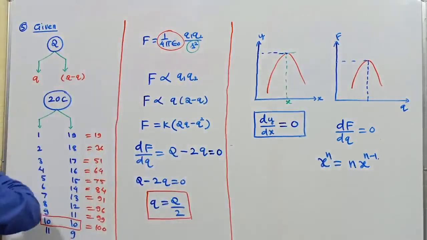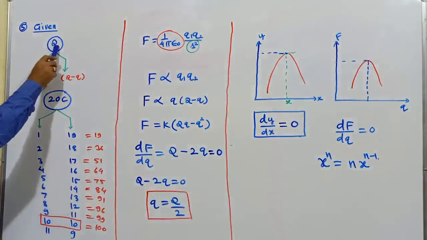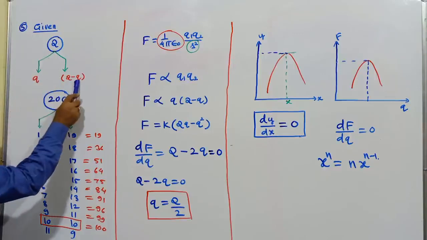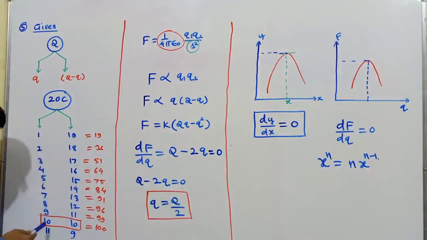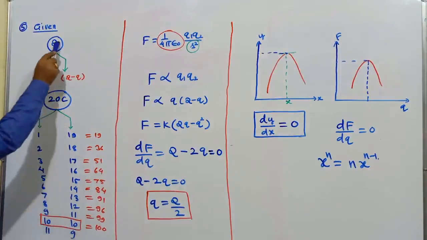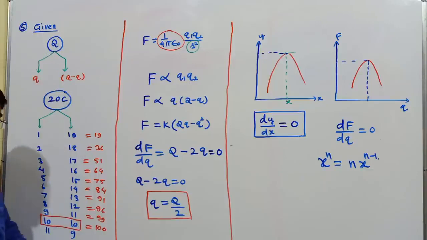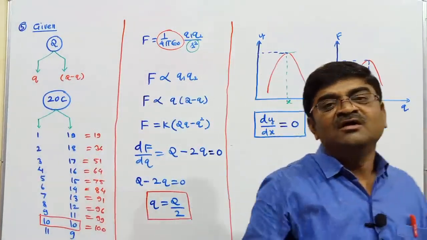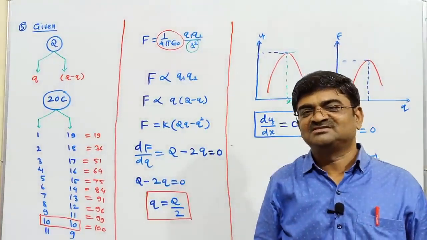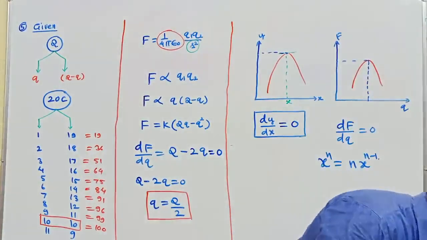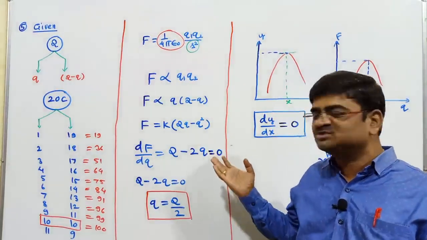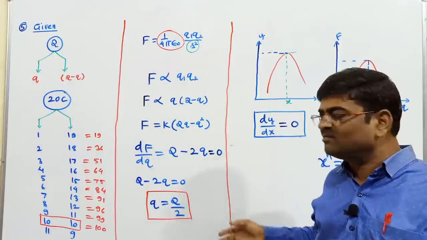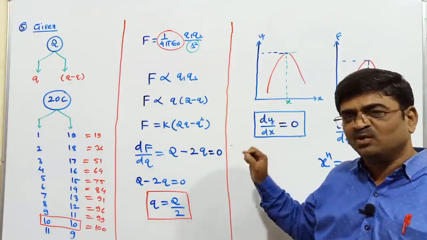Given charge is capital Q, so this should be Q by 2 and this should be Q by 2. That's what we have mentioned here: 20, 10, 10. Q by 2, Q by 2. For that pair of charges, you will have maximum force experienced. Just to get it down, I know you can take a screenshot, but just write it on paper so that things will get clearer. You can have a glance over here, note it down, we'll go ahead.